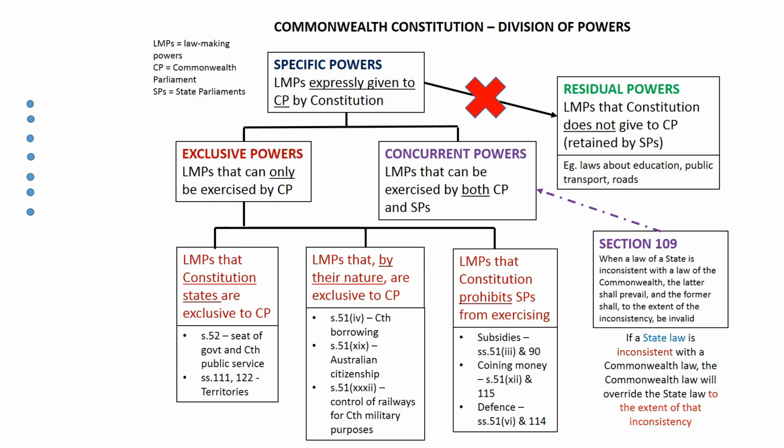You must also learn what Section 109 says, be able to explain that Section 109 only operates where the relevant state and Commonwealth laws are covered by the concurrent lawmaking powers, and be able to explain the 4 points about Section 109 that we have just discussed.